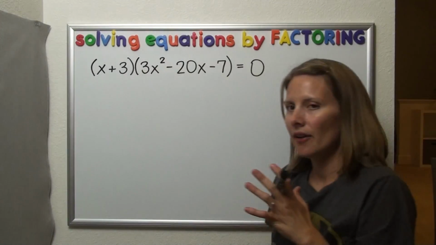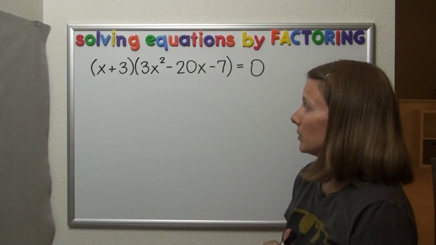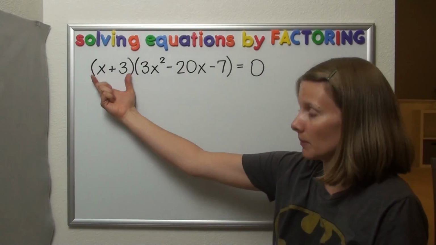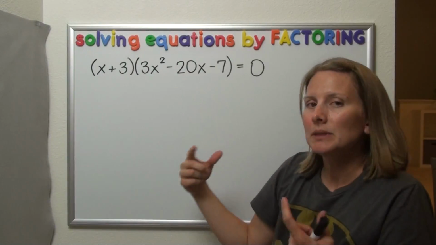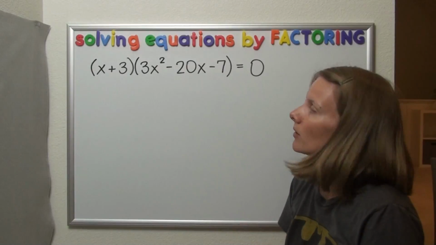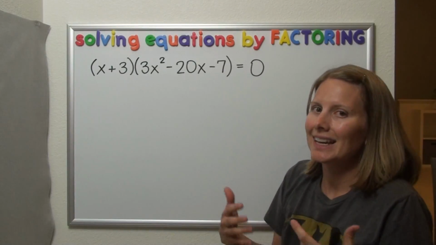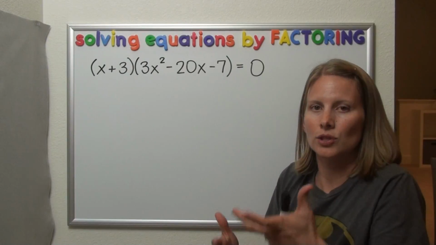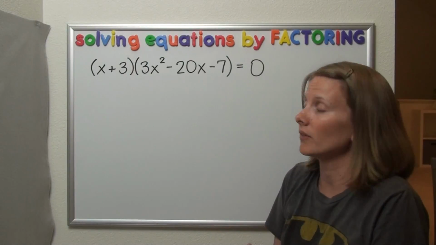So if you have parentheses already in place, if you have something already factored, i.e. it says something times something, sometimes that's in our favor, sometimes it's not. So we have to decide whether it is. We're going to say it's in our favor if it helps us lead ourselves to that third step of our equation solving.